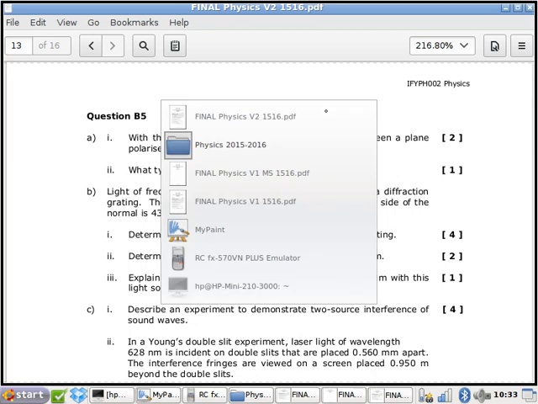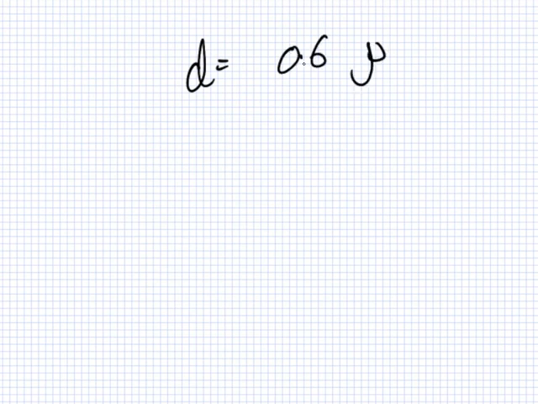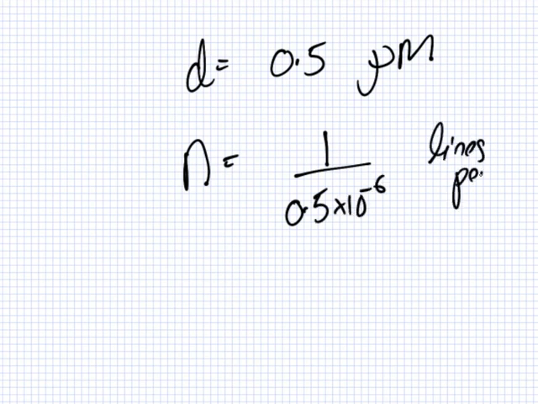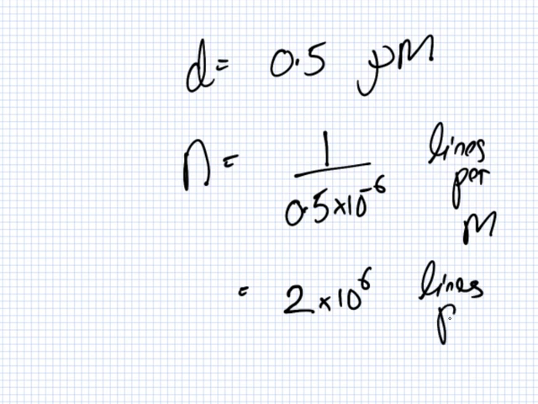Let's just make it easy in my head, 0.5 micrometers. Then the n would be 1 over 0.5 times 10 to the minus 6 lines per meter. So that would be 2 times 10 to the 6 lines per meter.